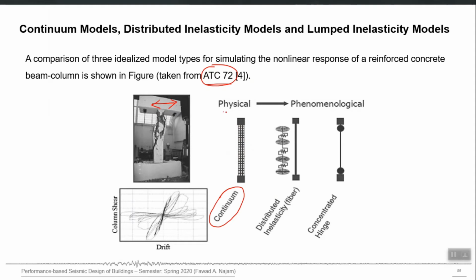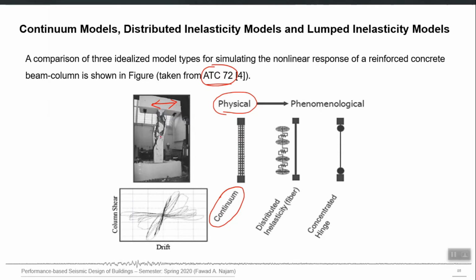This is called a physical type of model, in which we use continuum elements or a continuum approach to model a particular element, and all those nonlinear effects are expected to be captured using this approach.